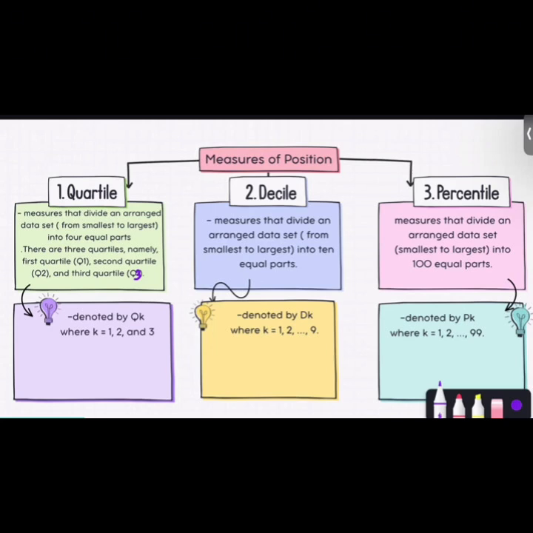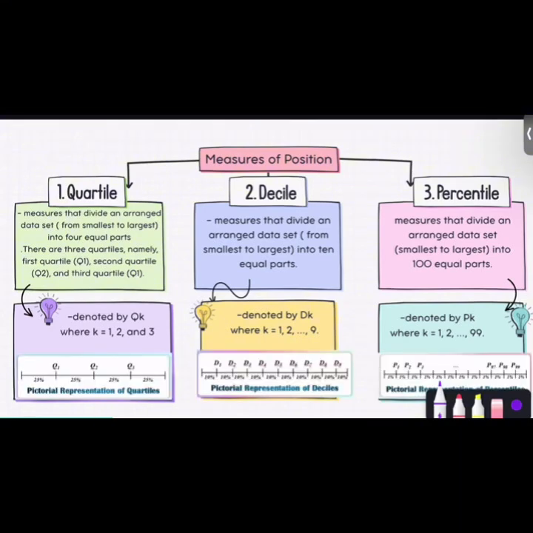It is denoted by P sub k, where k is equal to 1, 2, up to 99. So again, percentile is divided into 100 equal parts, decile into 10 equal parts, and quartile into 4 equal parts.